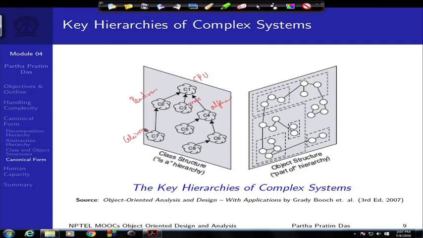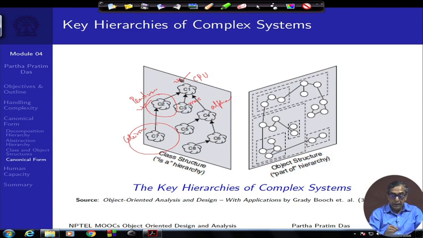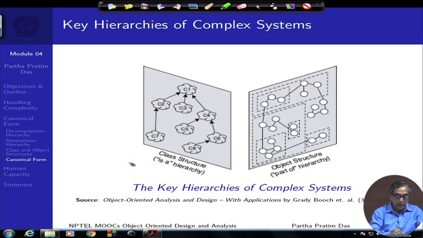So, in terms of a personal computing system, these are different special kinds of CPUs that are possible, and that is what gives rise to the class structure, which says that Celeron has all the properties that Pentium has, which in turn has all the properties that a CPU needs to have. Independently, Alpha has all the properties that a CPU needs to have. And when we look into the whole system in terms of this commonality of behavior, we say we are looking through the class structure, that is the abstraction hierarchy.